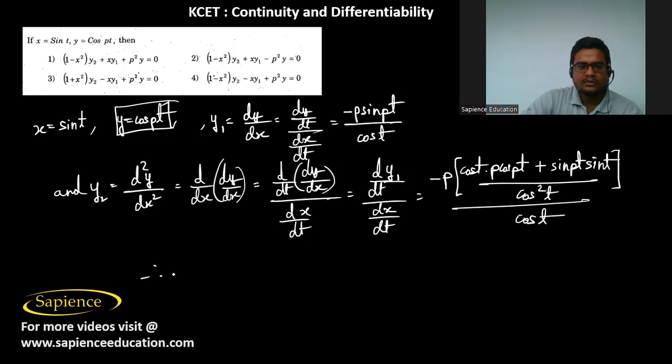So therefore now 1 minus x square, that is how much? 1 minus x square means 1 minus sin square t, which will be cos square t. Okay.